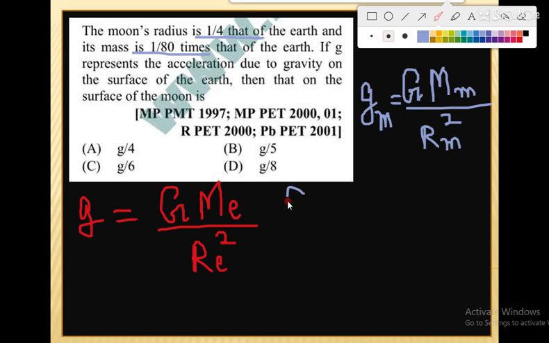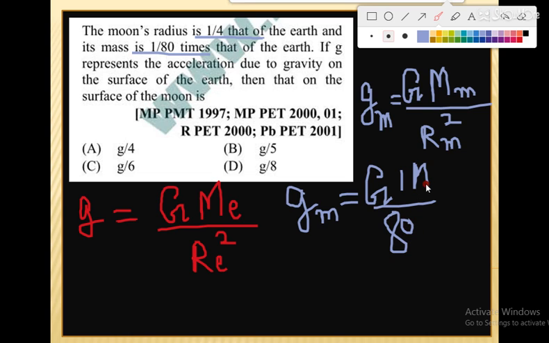So Gm will be equal to G into mass of moon is 1 by 80 times of earth. Can I write it as Me by 80, and radius is 1 by 4 times, so can I write it as 1 by 4 times Re square.